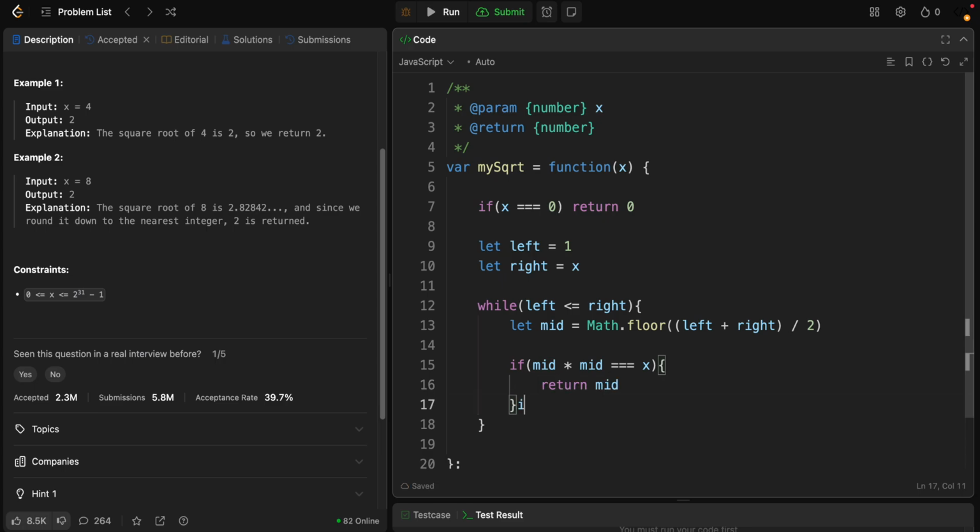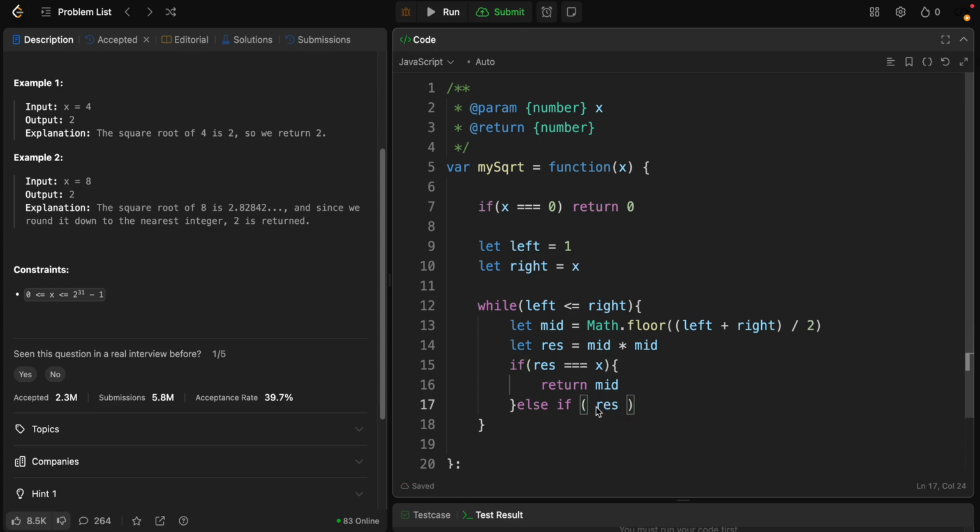And else if the mid multiplied by mid, okay, let's call this let res, because we use it a lot of times, instead of mid multiplied by mid.